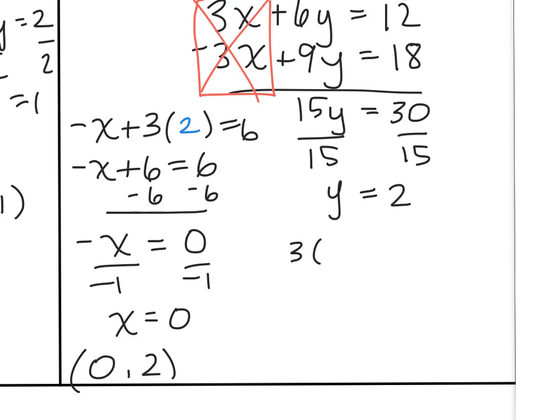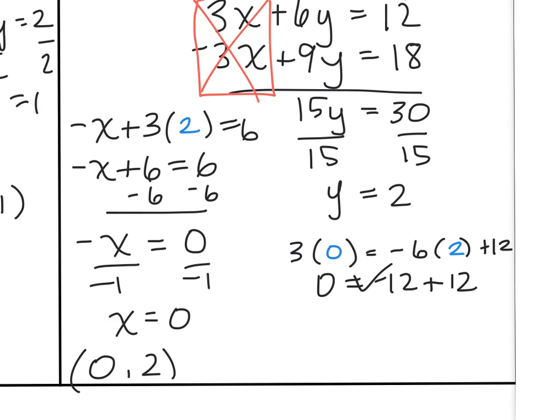So 3 times x, which is 0. Whenever I get 0 for an answer, it makes me a little bit hesitant. Did I do something wrong, or is that just really the answer? Negative 6 times 2 plus 12. So 0 equals negative 12 plus 12. Well, that works out.